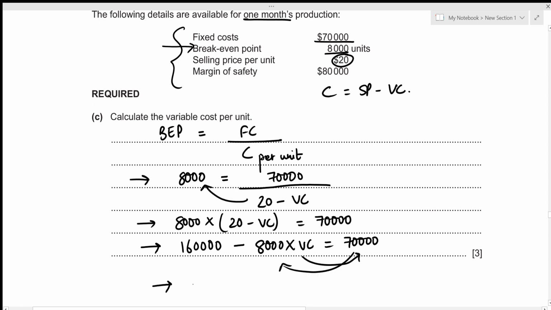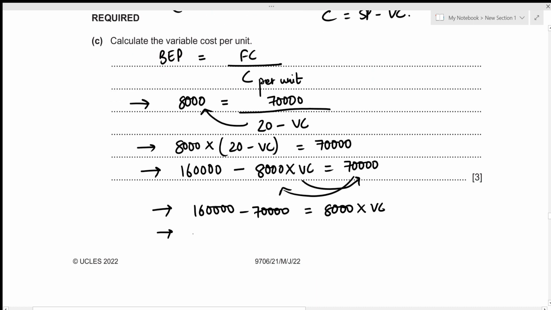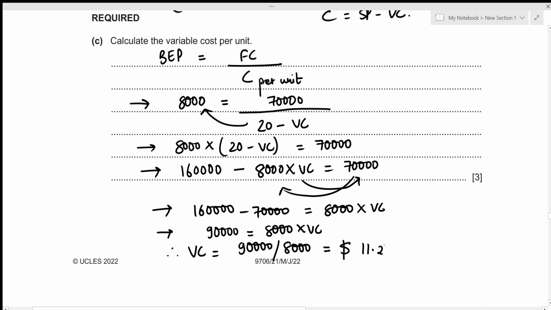That's going to be 160,000 minus 70,000 equals 8,000 times variable cost. And 160,000 minus 70,000 would be 90,000 equals 8,000 times variable cost, which gives our variable cost to be 90,000 divided by 8,000, which results in our variable cost per unit to have the value of 11.25 per unit. All right, this concludes the third part of this question.